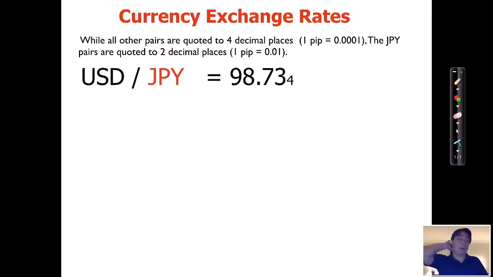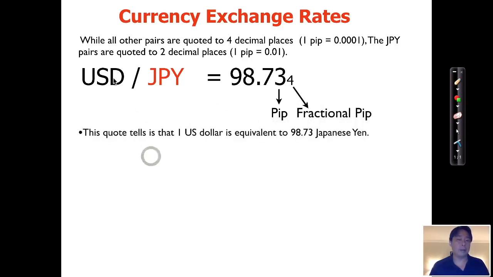The best example is the dollar yen. In this case, the dollar yen is 98.73. So again, what is this called? The first currency in the quote is the base currency. Remember, this is the base currency.